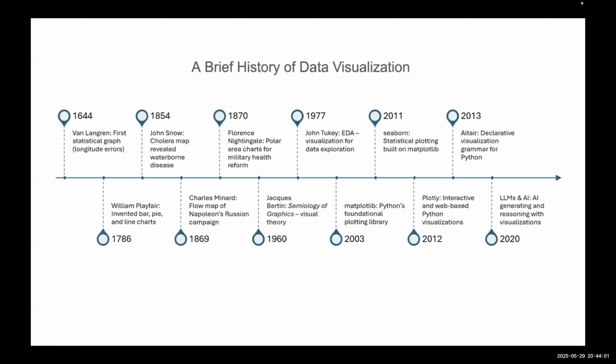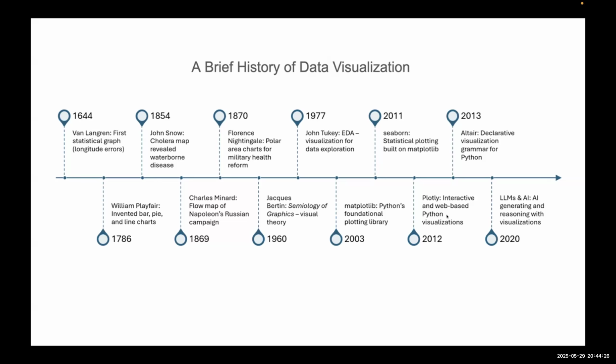A brief history of data visualization, starting with 1644, when a statistical graph was made by Van Langren, and then Matplotlib, Seaborn, John Tukey. We have seen Florence Nightingale, John Snow's cholera map, and all these things.